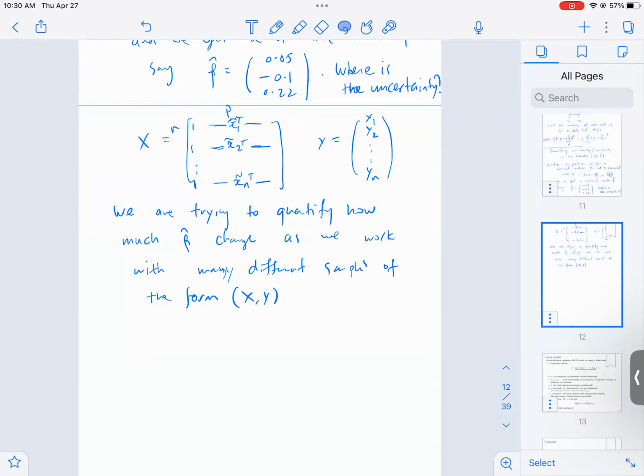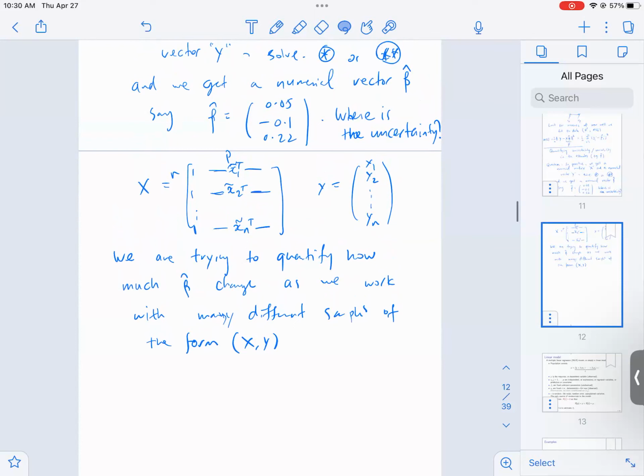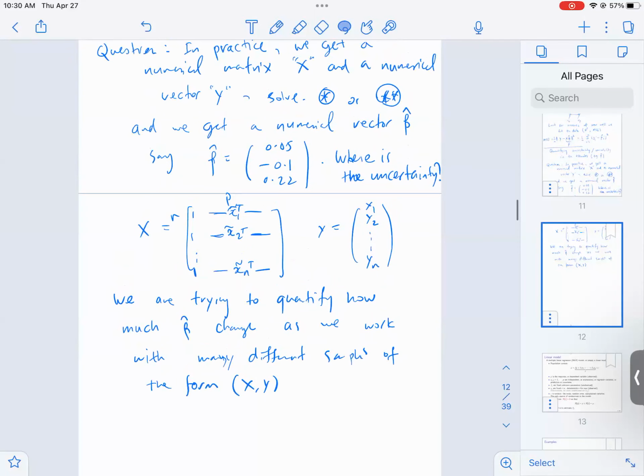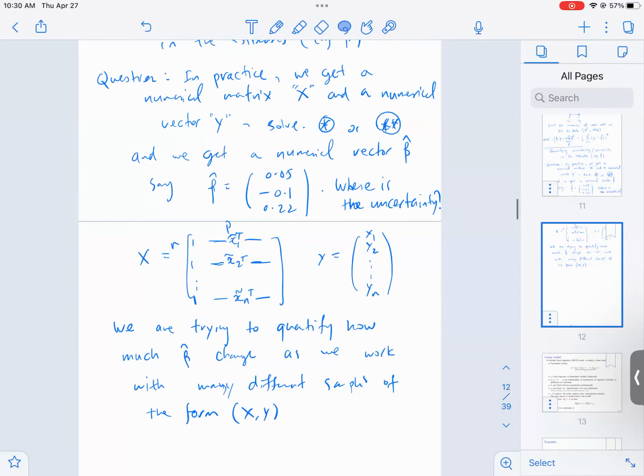So this is the frequentist interpretation. The statisticians don't care about this particular problem that you solve. They sort of care, but the ones who really think about these uncertainties care about the population version. The population version is an abstract problem from which you can sample many, many times.